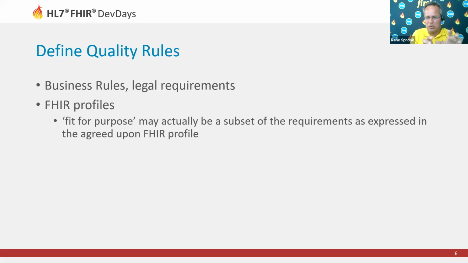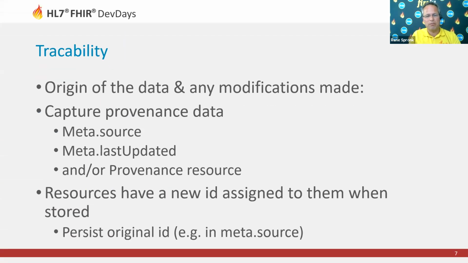You will probably, as a system, be able to even process something that has a lower data quality than US Core. And you never want to throw away data if you can actually use it. So be aware that profiles are not the be-all and end-all, but they are an expression of a set of business rules and legal requirements.